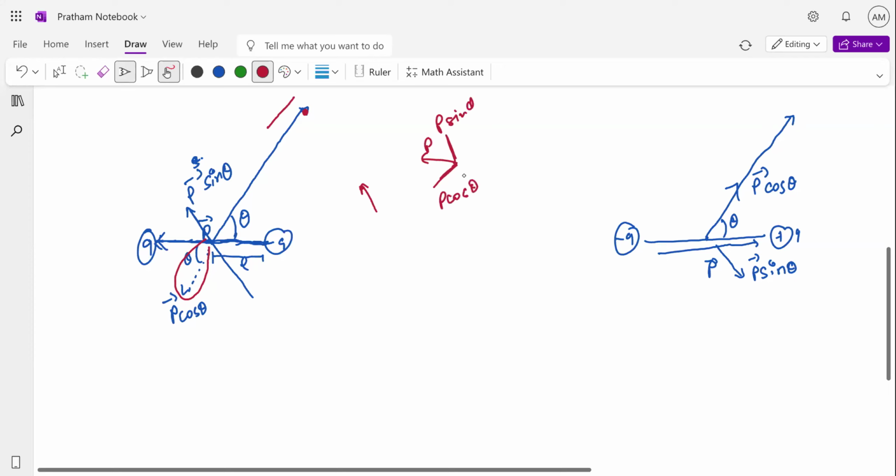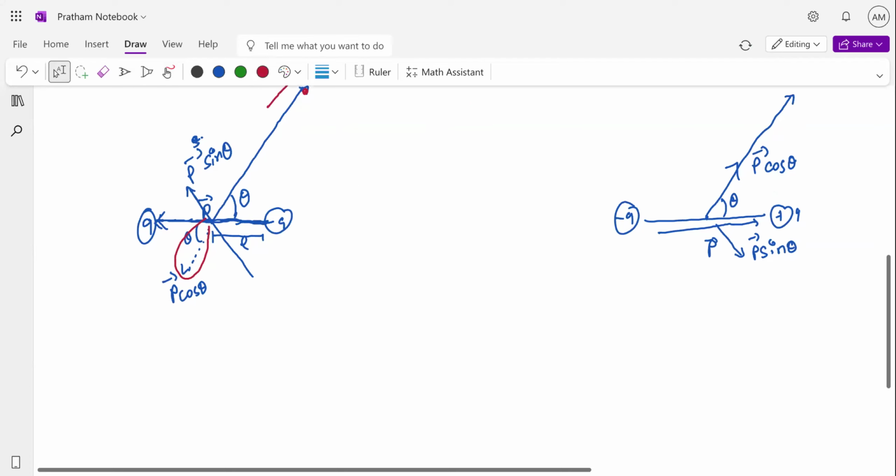Now you can assume you have two different dipoles. Due to this one, the point acts as an axial position, and because the other is perpendicular, the point acts as an equatorial position. So we'll calculate it in two parts.